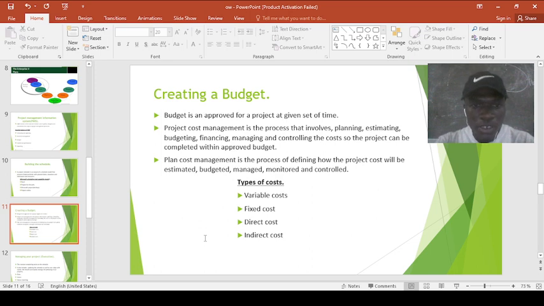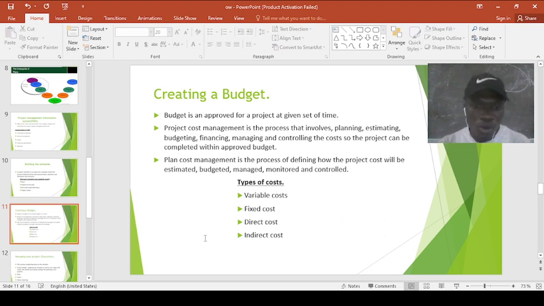Then project cost management is the process that involves planning, estimating, budgeting, financing, managing and controlling the cost of the project so that it can be completed within the approved budget. Then cost management planning is the process of defining how the project cost will be estimated, budgeted, managed, monitored, and controlled.